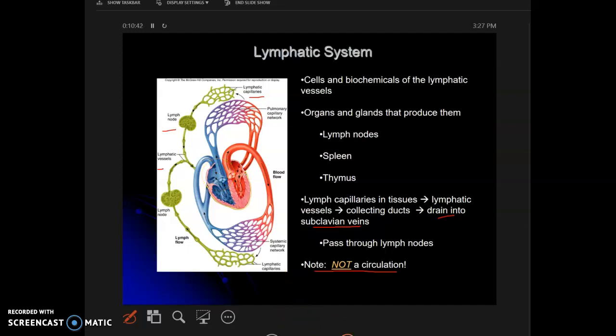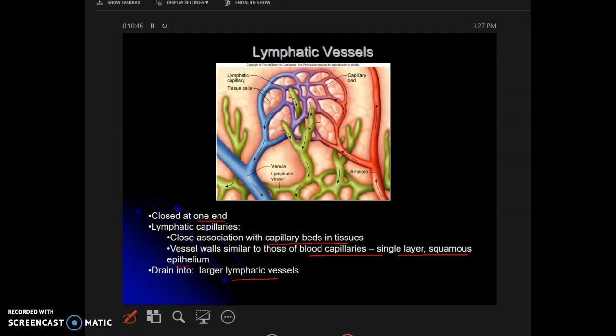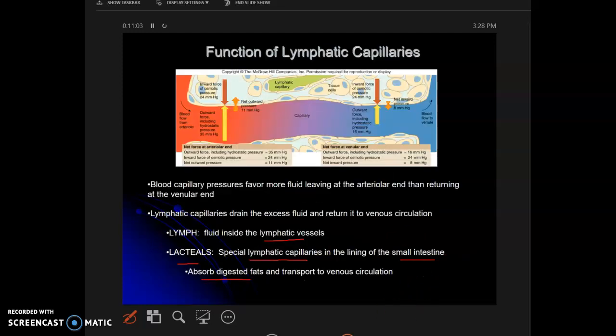All right, so let's understand what is lymph. If you look at the lymphatic vessels, you will see that the lymphatic vessels are closed, blindly ending vessels that are in close association with capillary beds in the tissues. As the blood is flowing into the tissues via capillaries, there is a higher pressure.